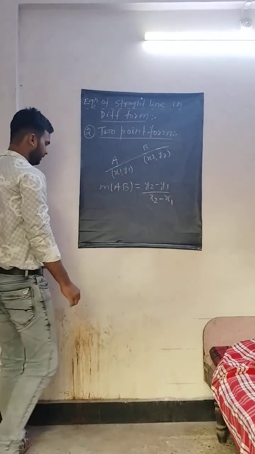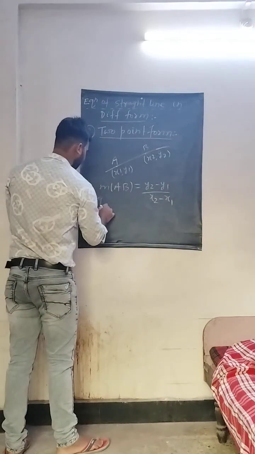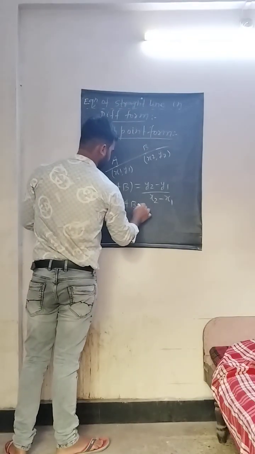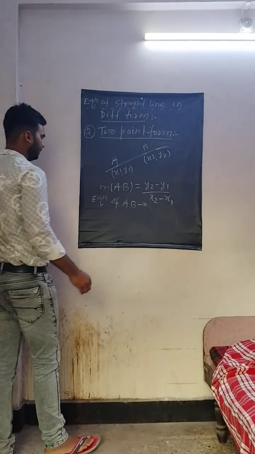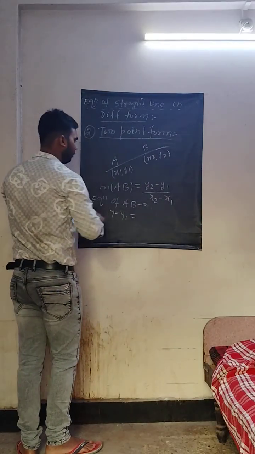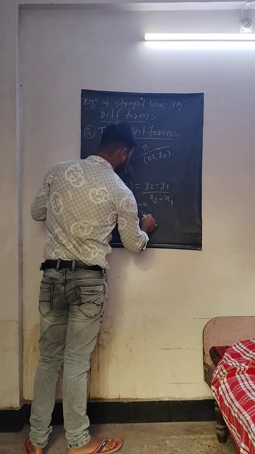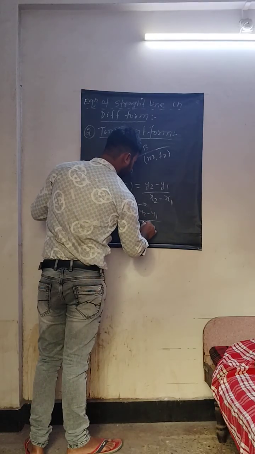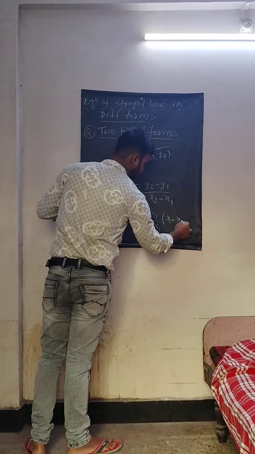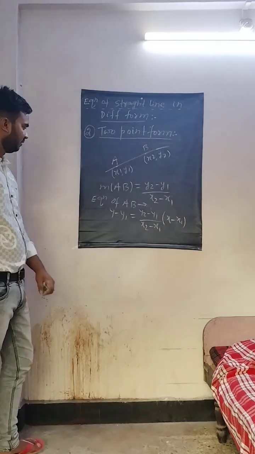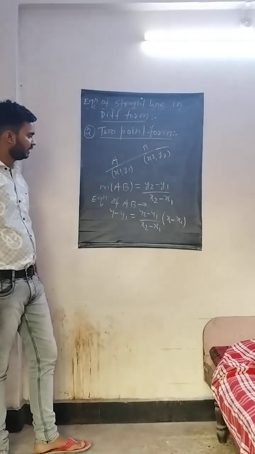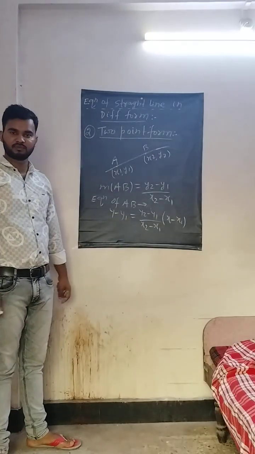And what is the equation of AB? By using these two points, the equation of AB is y minus y1 equal to m of AB into (x minus x1). What is m of AB? (y2 minus y1) by (x2 minus x1). So y minus y1 is equal to (y2 minus y1) by (x2 minus x1) into (x minus x1).